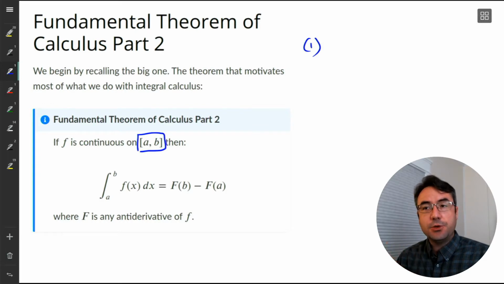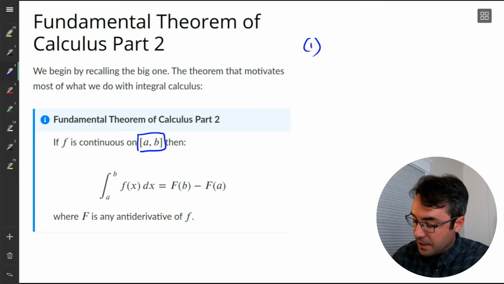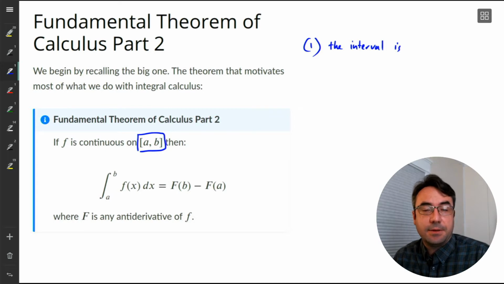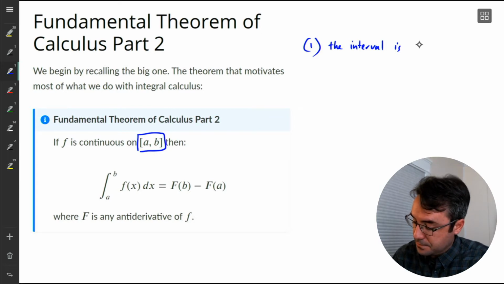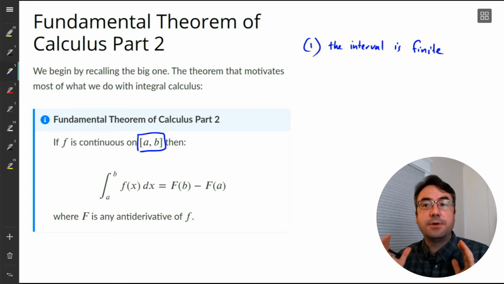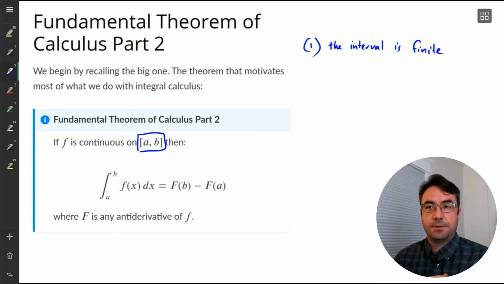So there's really two conditions for this theorem as it's written, and that's our interval is, well, it's a closed interval, but it's also finite. It's bounded. So that's the first condition. We've only defined definite integrals when we have this nice closed, bounded, really finite interval here.